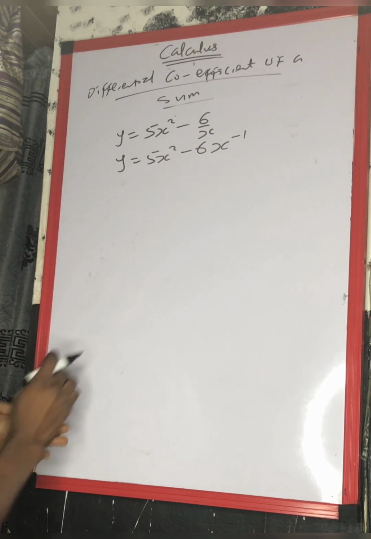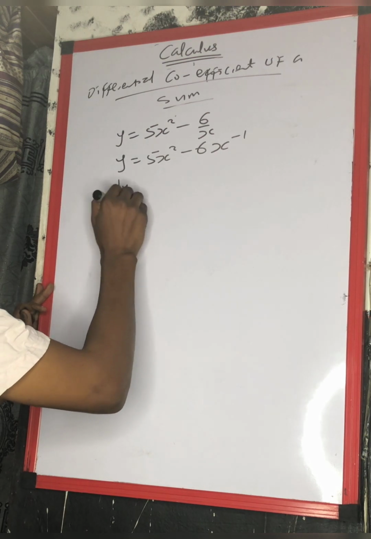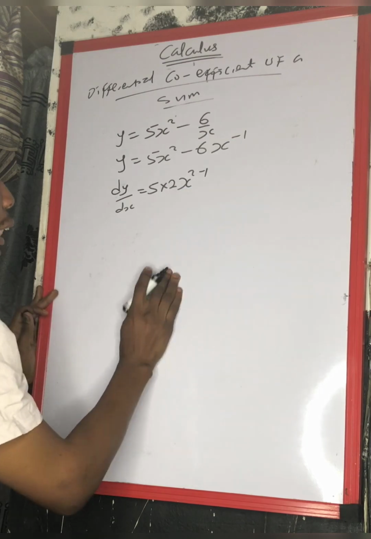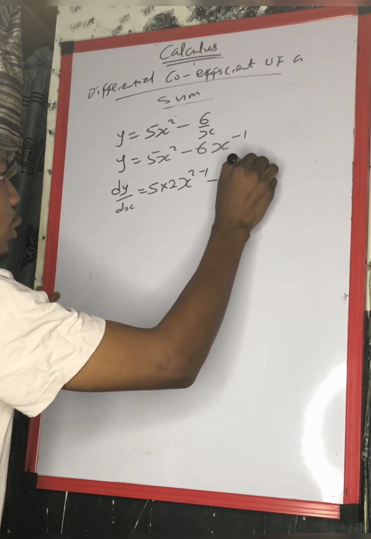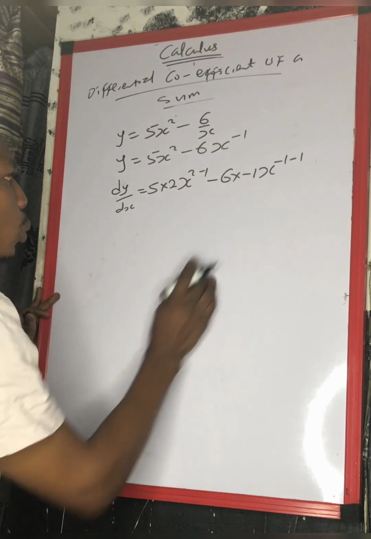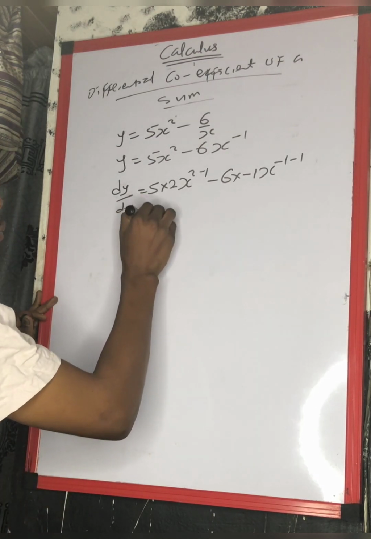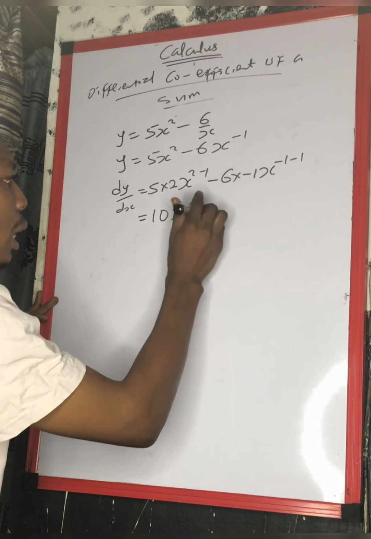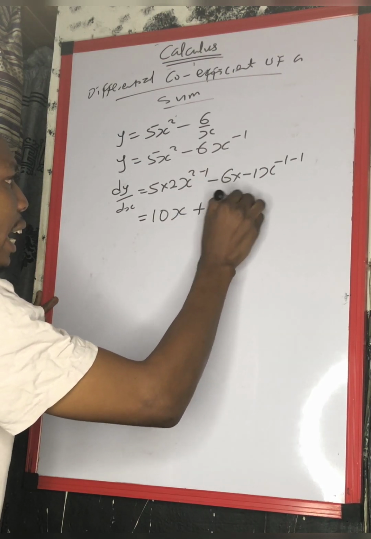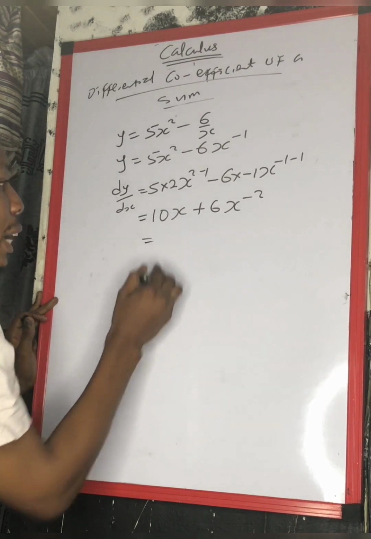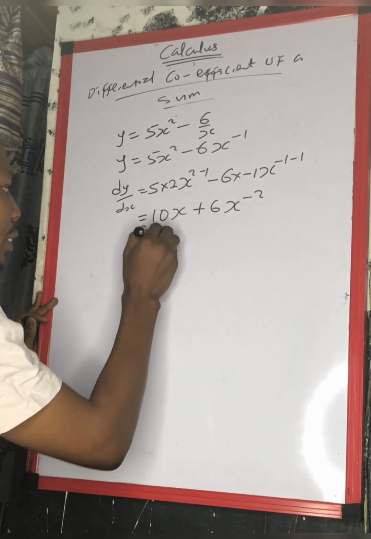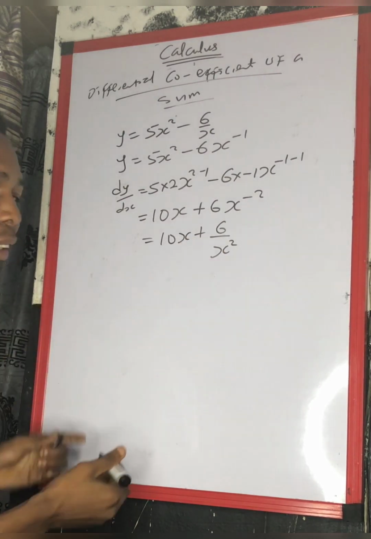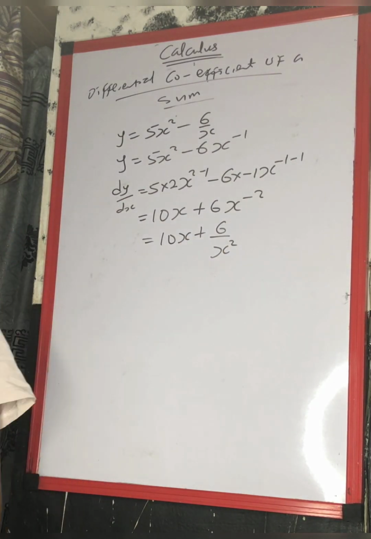So from there, it becomes dy/dx equals 5 times 2x^(2-1), then minus 6 times minus 1 x^(-1-1). 5 times 2 will give us 10x, then minus 6 times minus 1 gives plus 6, then x^(-2). So from there you can leave your answer like this, or you can leave it as 10x plus 6 all over x squared. So that's your final answer.